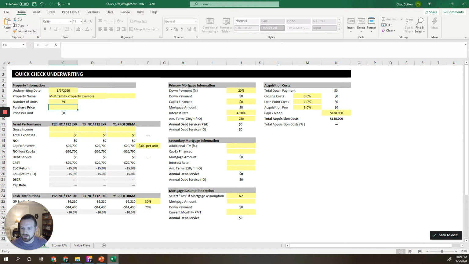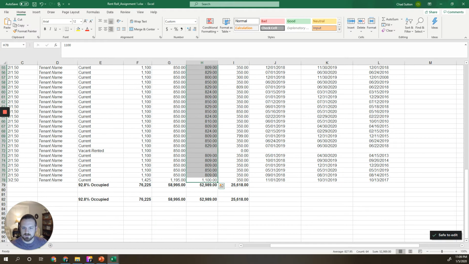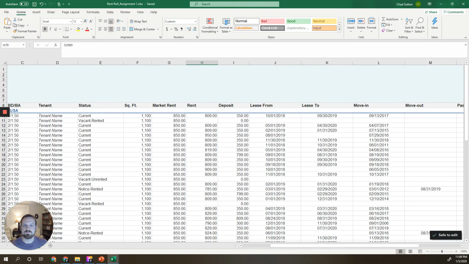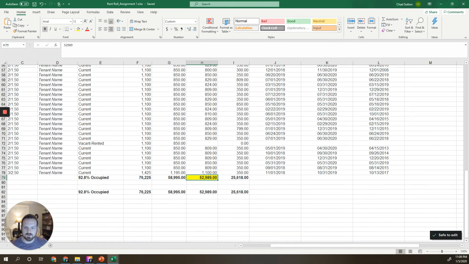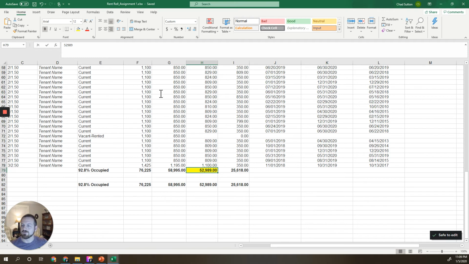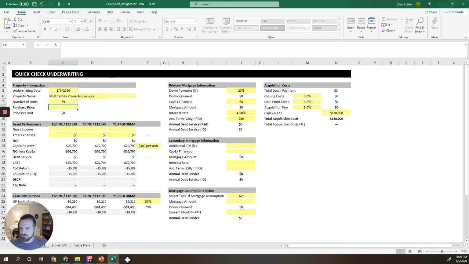And I'm going to highlight that before I save it so that anyone looking for this later can figure that out. Let's copy that number for simplicity's sake, and come back over here and dump that number right here.